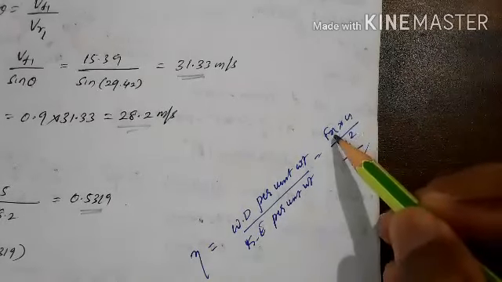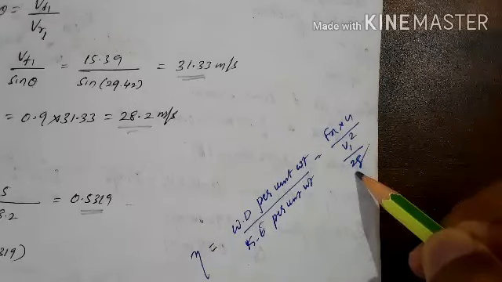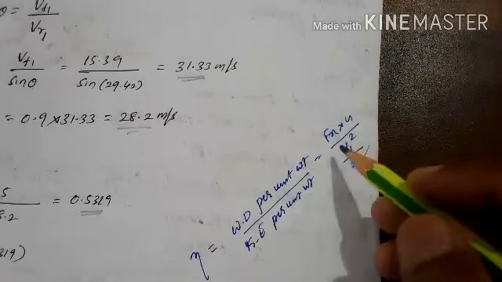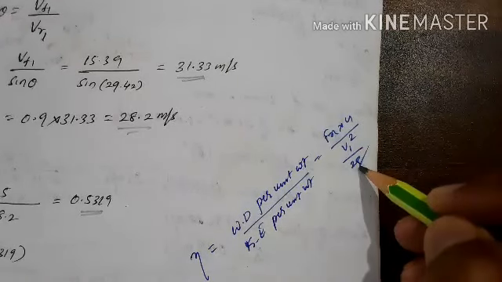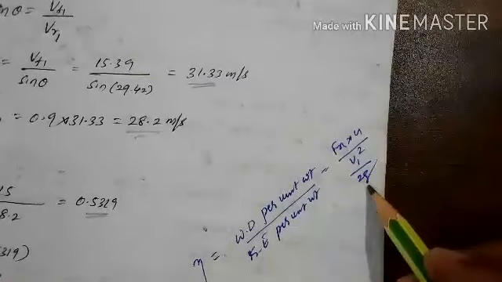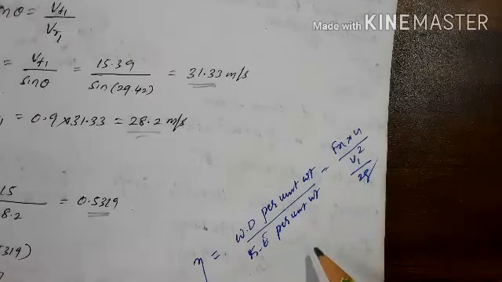So work done, how do we write? Fx into U. Then this will be over V1 square by 2g, which is per unit weight. Weight is what?